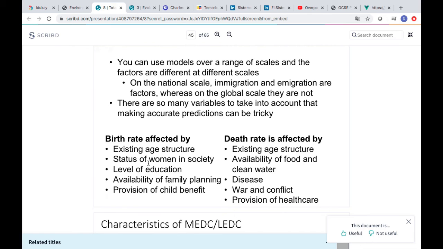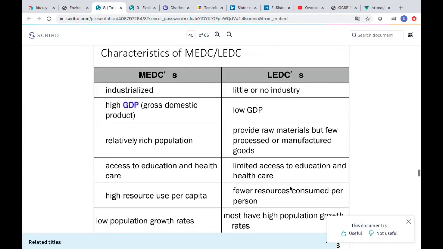Level of education, availability of family planning, provision of child benefit. And the death rate is affected by existing age structure, availability of food and clean water, disease, war and conflict, and provision of health care. That is going to affect the death rate. Maybe it's going to increase, it's going to decrease, depending on these cases, okay?